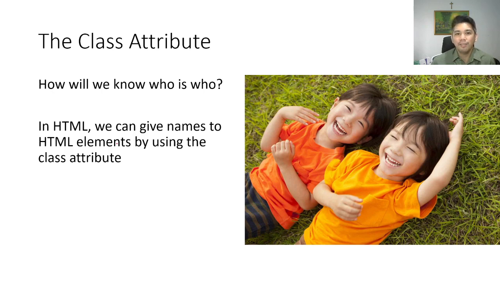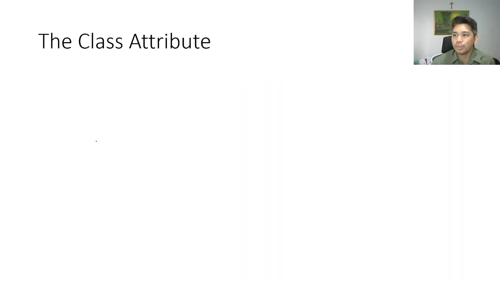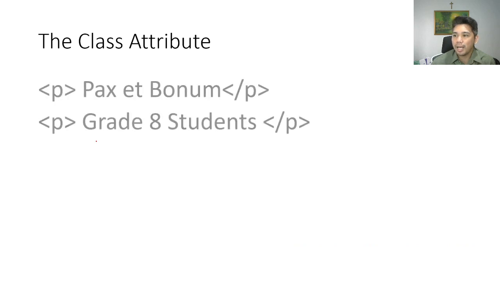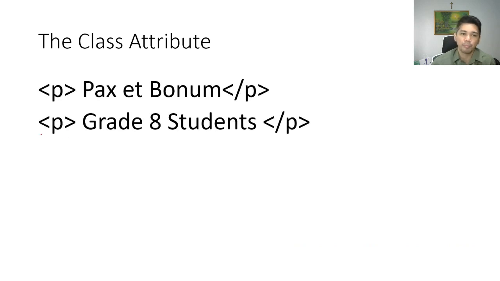How can we give names to elements using the class attribute? Let's take a look at this example. So balikan natin yung binigay ko kanina. Sabi ni computer, we have two paragraph tags, but I don't know who they are. If I give a rule to style, like yung color blue, I will just style both paragraph tags.